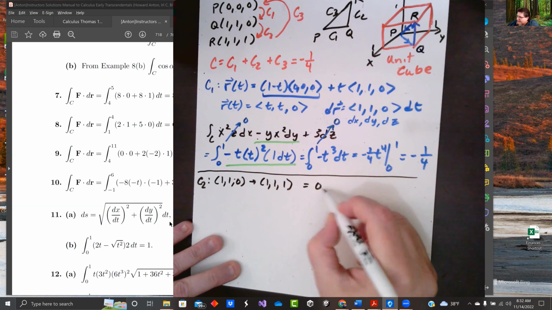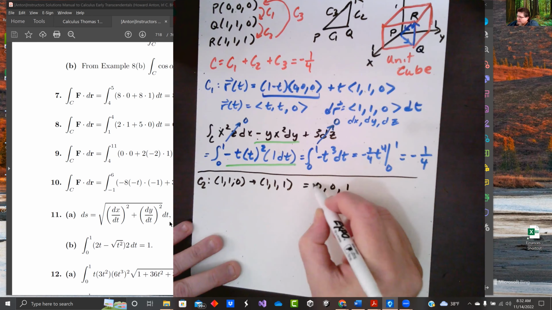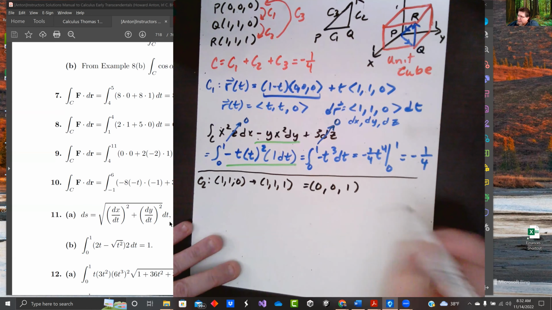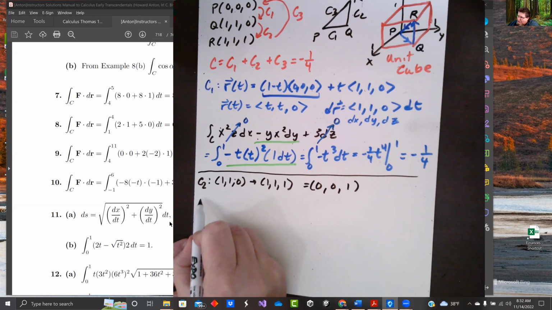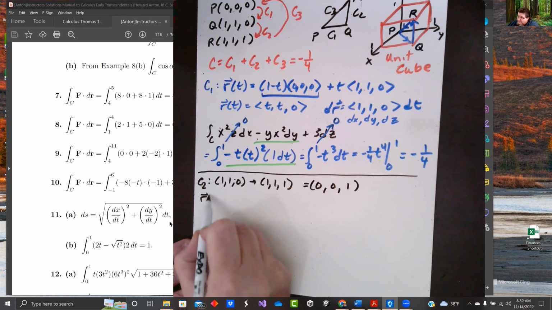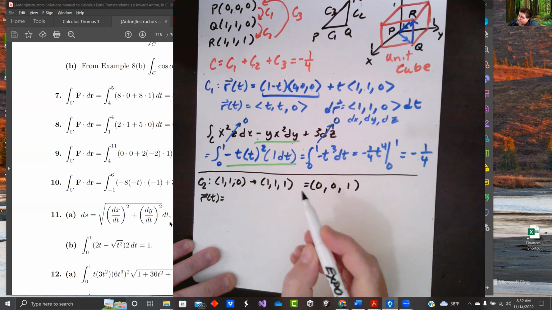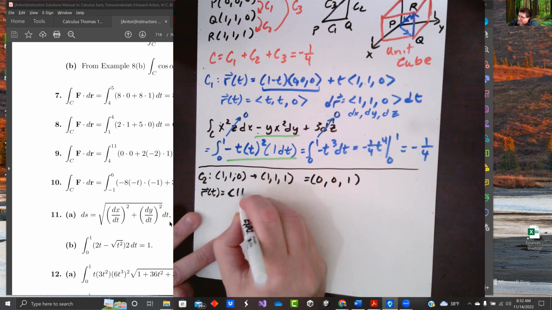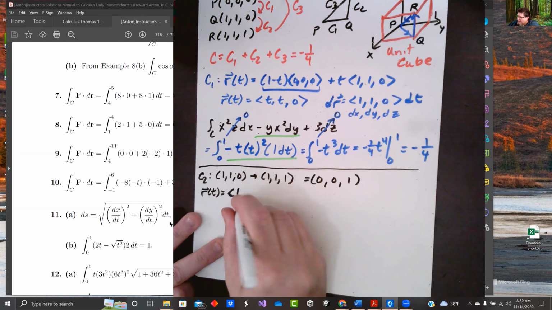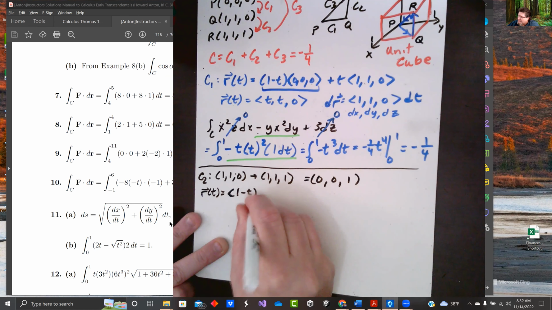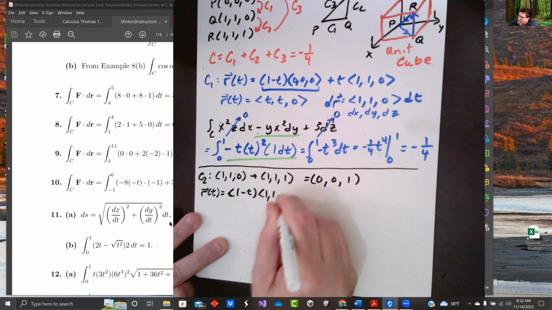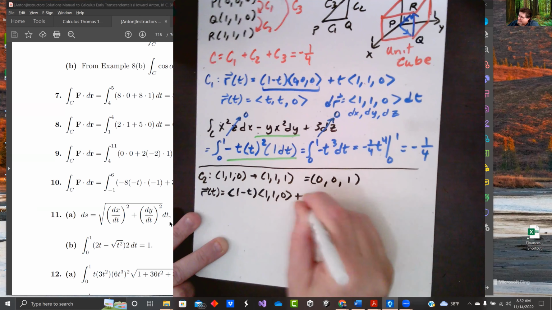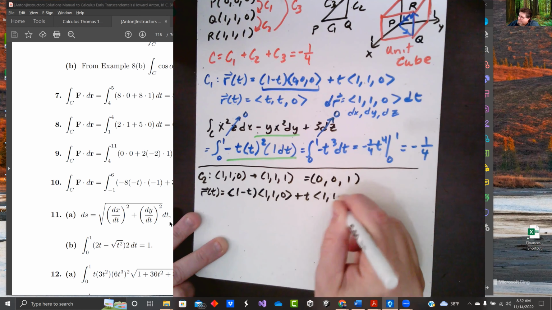Like if I would do it, this is 001, the difference. But let's see what that is in the R. I'm starting at 110, so I've got 1 minus t times 110 plus t times 111.